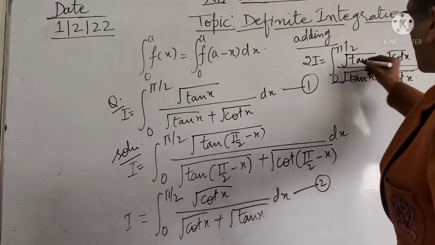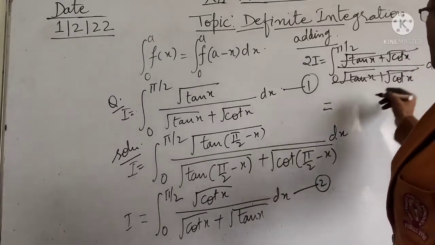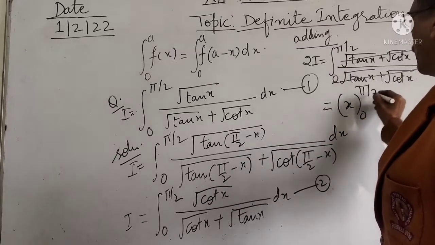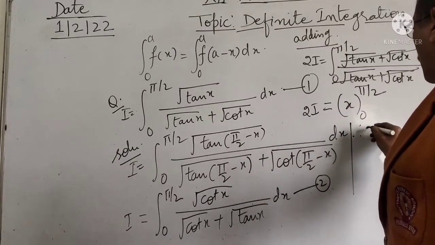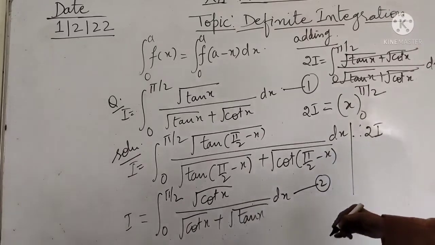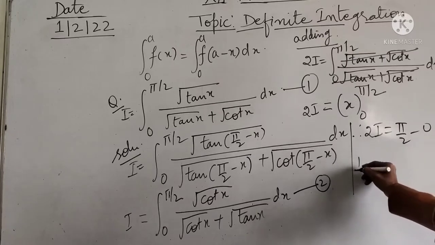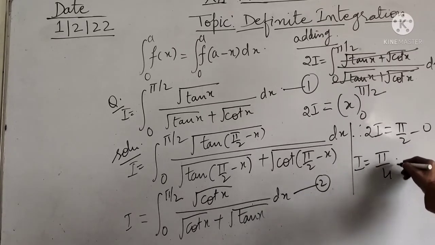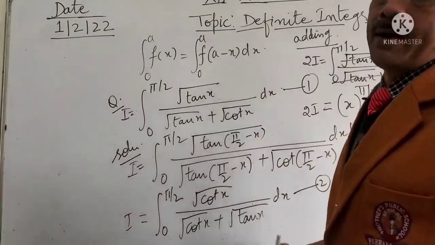Now this is cancelled out. Now integration of dx is x, and the limit of integration is 0 to pi by 2. Therefore 2I is pi by 2 minus 0, and I equals pi by 4. So the value of this integration is pi by 4.